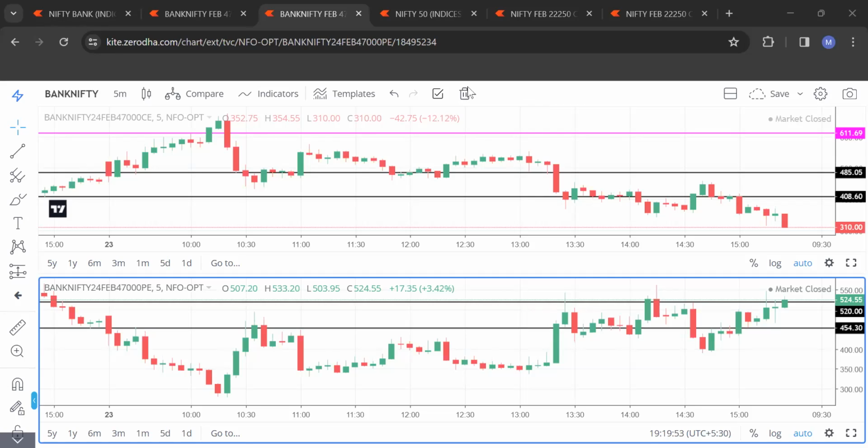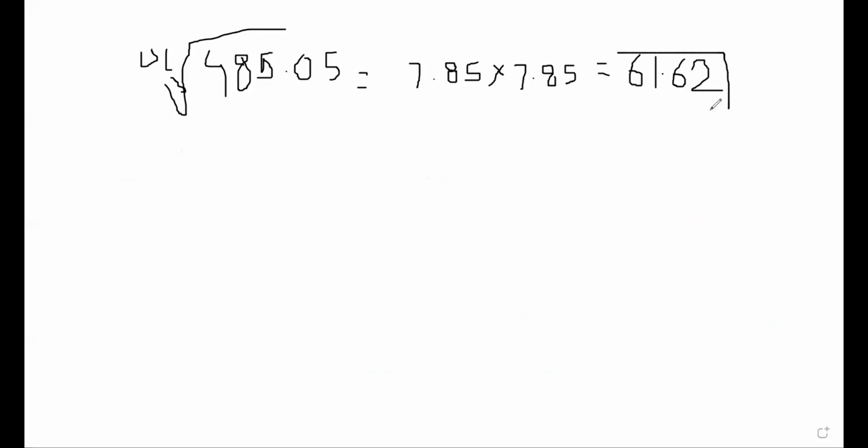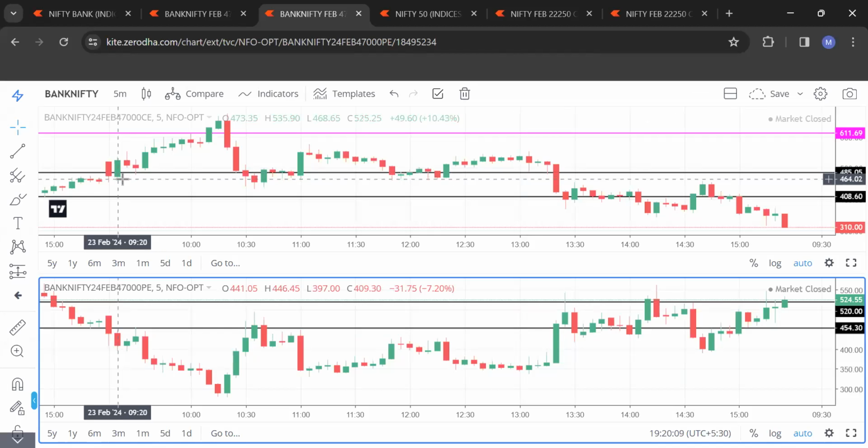Now I know the candle should be more than 61.62, right? Correct or not? Yes, sir. So let's do one thing. If people are getting confused, whatever the candle is, count it. High minus low, simple. 535.9 minus 468.65.